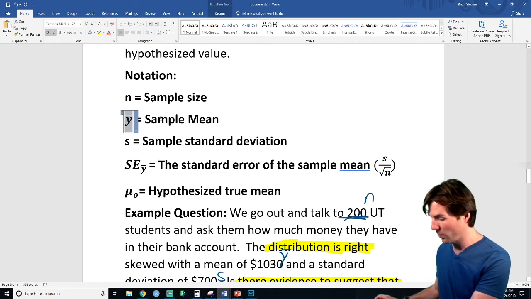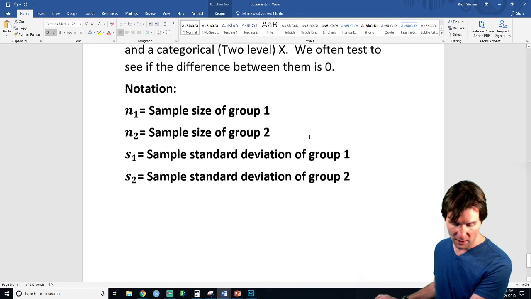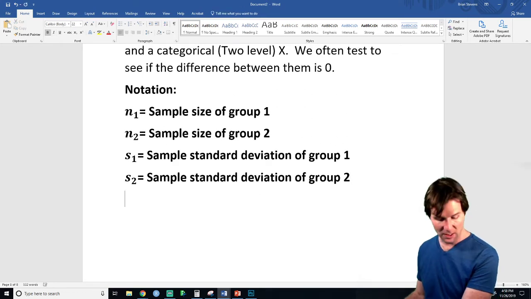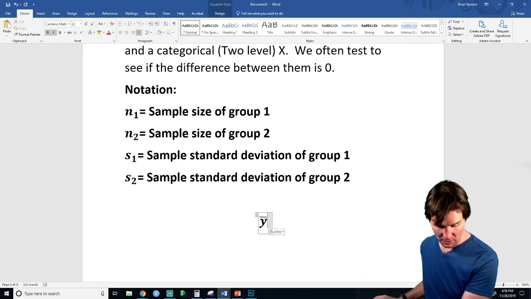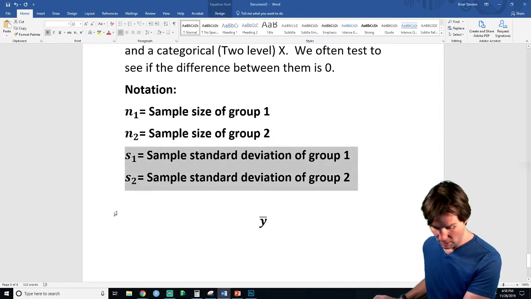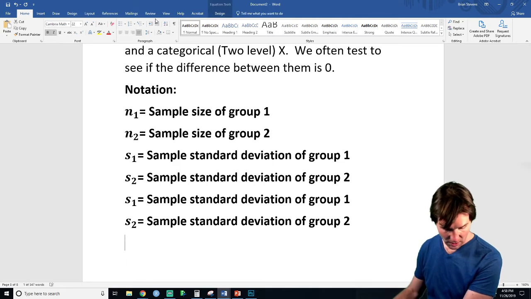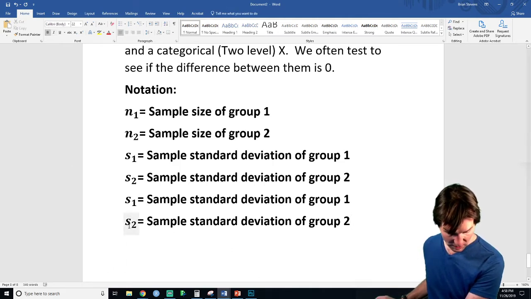So we've got our sample mean. Let's go down here and put that notation just for us. It's very similar to the 1 sample means test, but now we're doing 2 sample means. We're going to grab these notations and copy paste just to literally show these are the same concepts, just slightly changing with what we have.